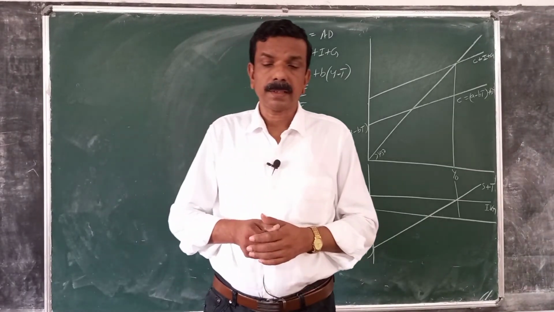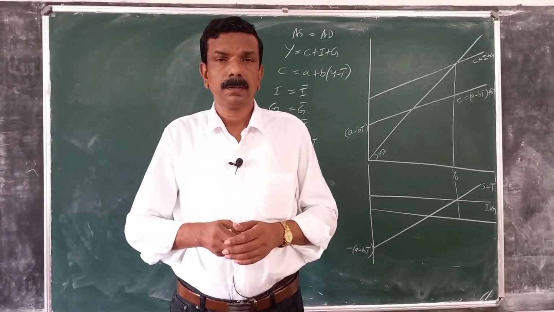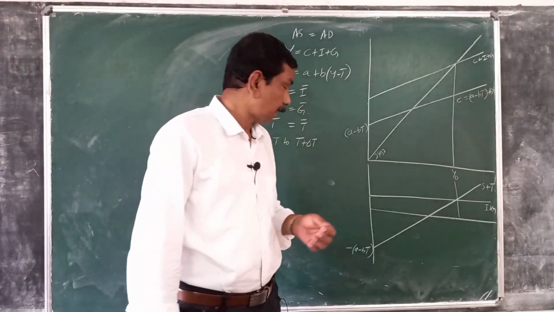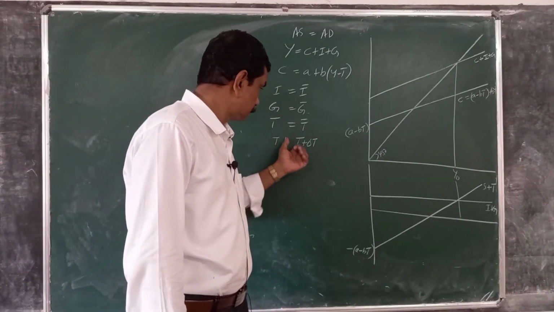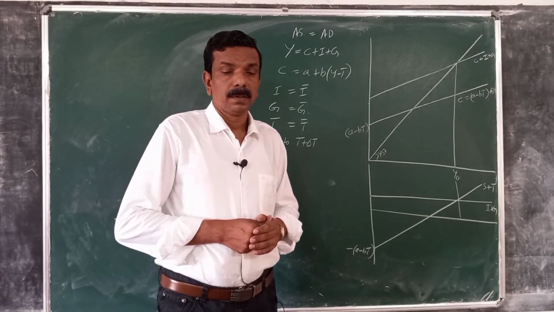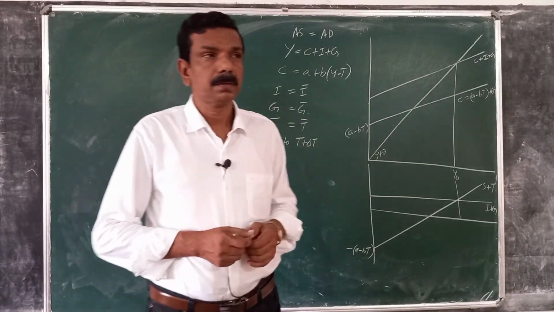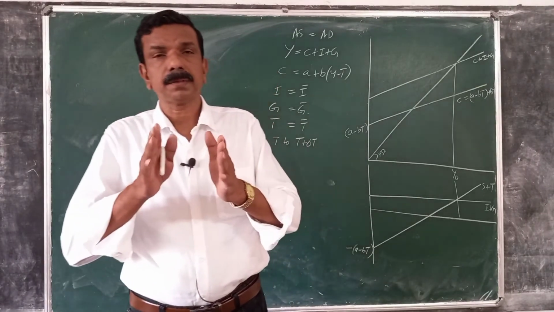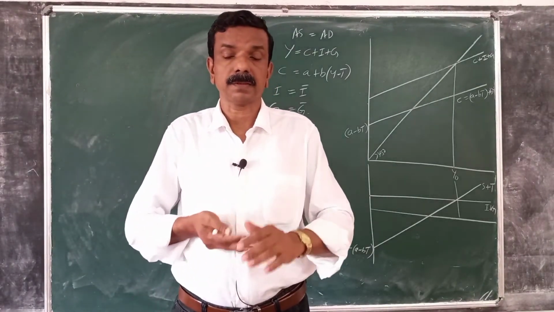Now we assume that government increases tax from T to T plus delta T. As a result, what happens to the consumption function?